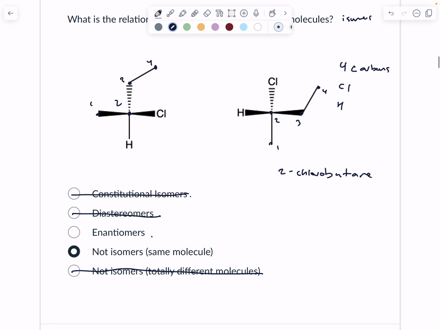Option number 1, once you've confirmed, so if I go through this, step 1, confirm isomers. And then step 2, you can determine if they're constitutional or not.